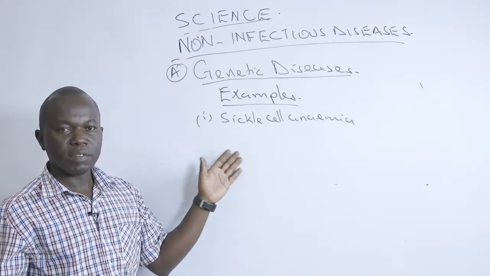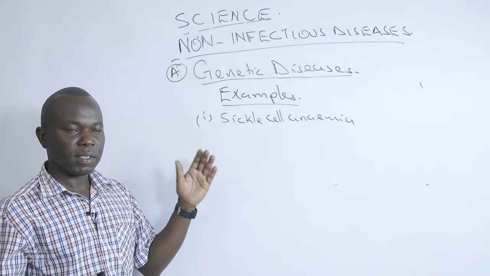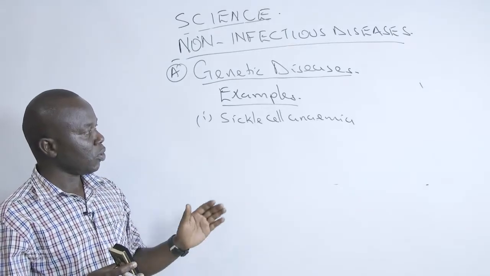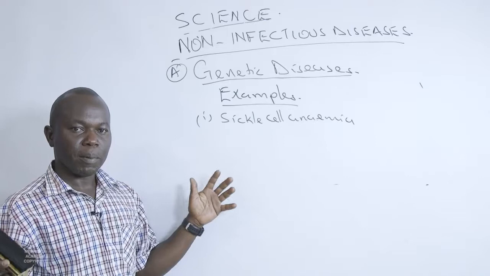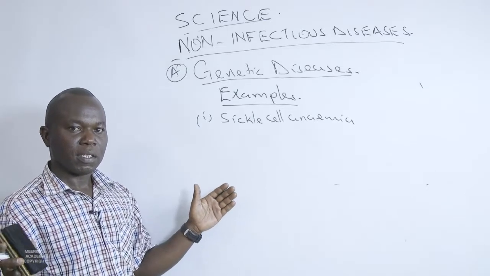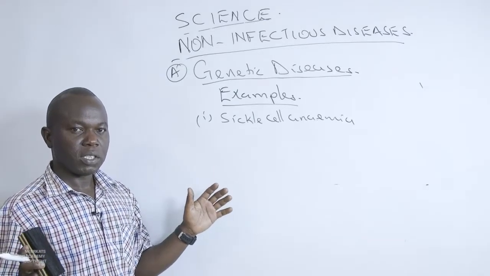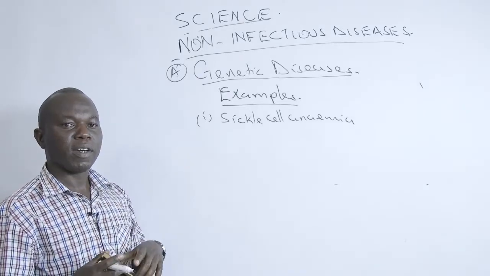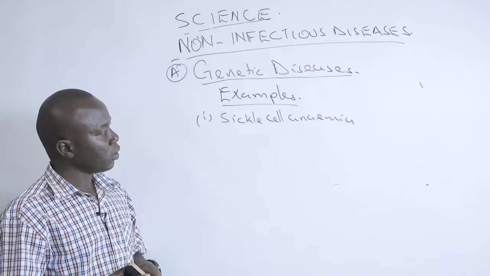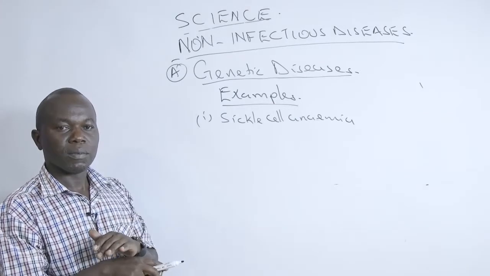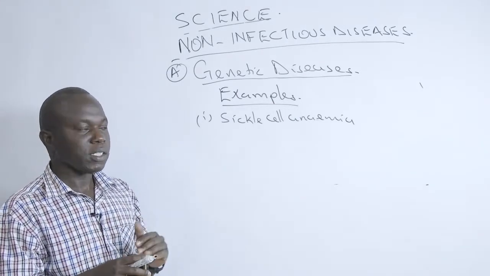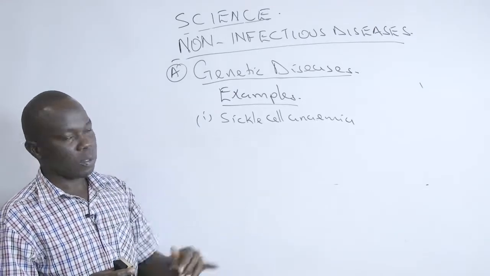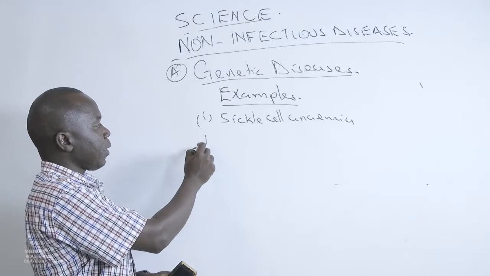And we know that a recessive gene, to express itself, must be in homozygous condition. So if we have two couples and they have the gene maybe in a heterozygous condition, they can be advised not to marry each other so that we reduce the chance of some of the babies being born with sickle cell anemia.